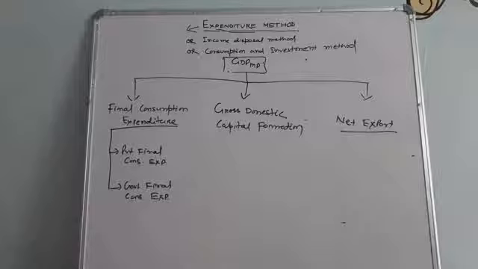To measure private final consumption expenditure, the volume of final sales of durable goods, semi-durable goods, non-durable goods and services to the consumer, households and non-profit institutions serving households is multiplied by the retail price.